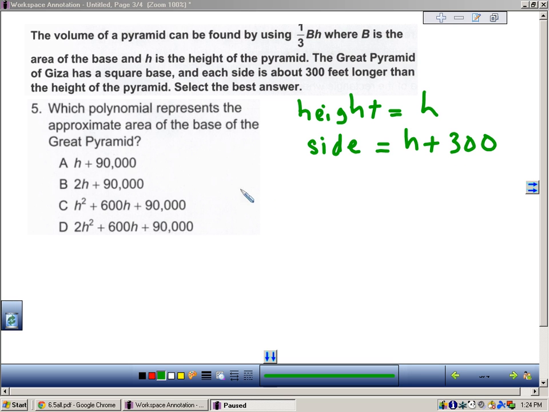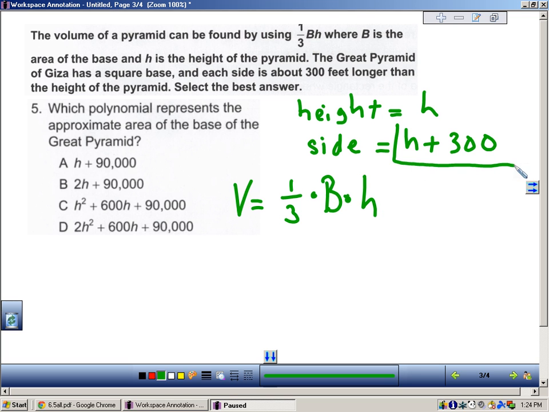So the volume of this shape is determined by this formula: 1/3 the area of the base, capital B, times the height. Now the area of the base is the side length squared, because it's a square, right? You visualize this. You have a square base.